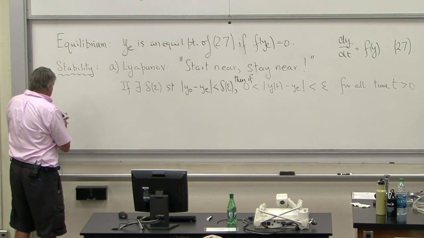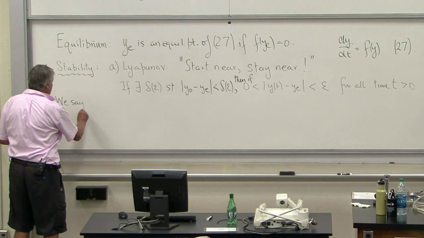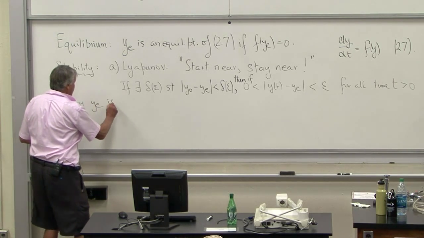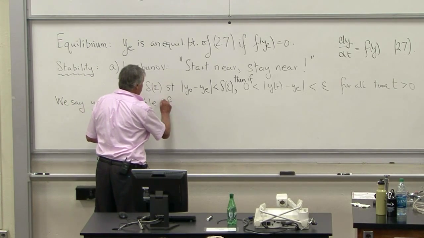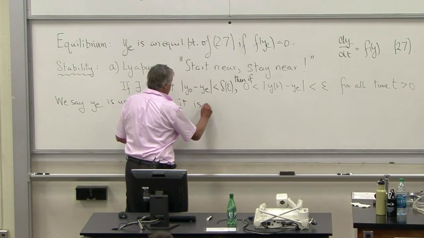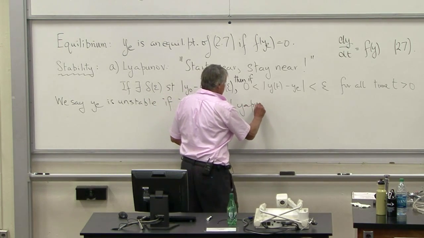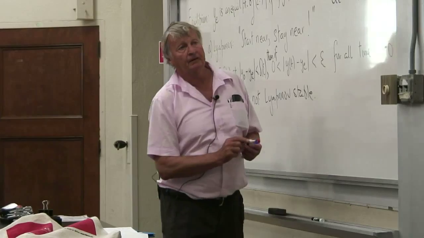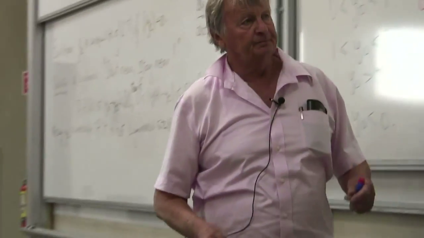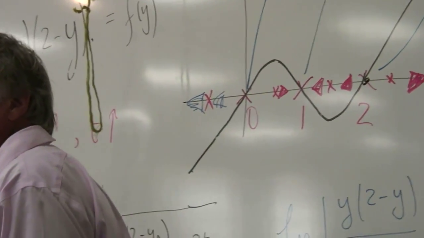Okay, we say an equilibrium is unstable if it is not Lyapunov stable. Okay, so take this guy, the 2 solution here.